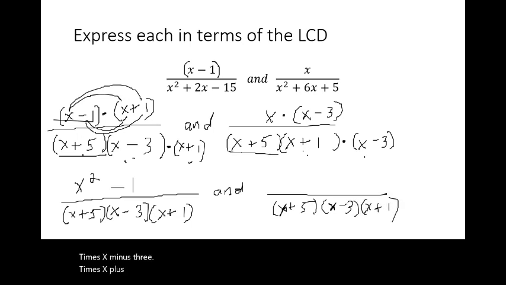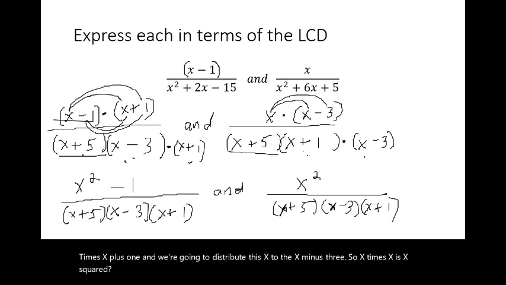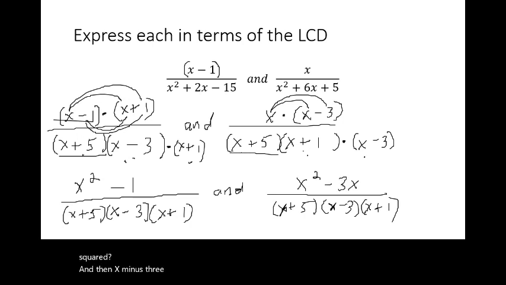And we're going to distribute this x to the x minus 3. So x times x is x squared, and then x times minus 3 is minus 3x. So these are the two fractions expressed in terms of the lowest common denominator.